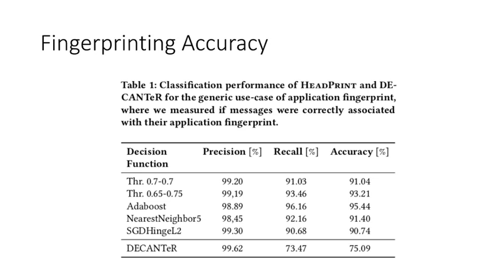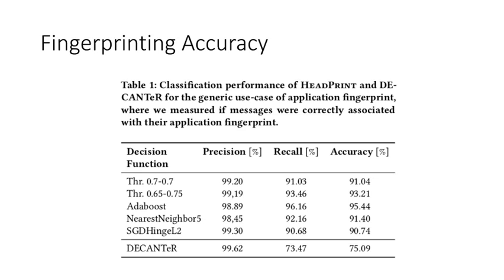This is highlighted in the recall, and the recall is exactly what we discussed at the beginning: we have a fingerprint of an existing application, but we cannot match this new message. Basically, low recall means that we have the fingerprint of the application and Decanter is not able to correctly associate the messages of that application to the fingerprint.